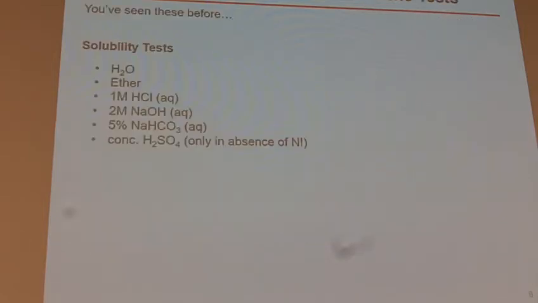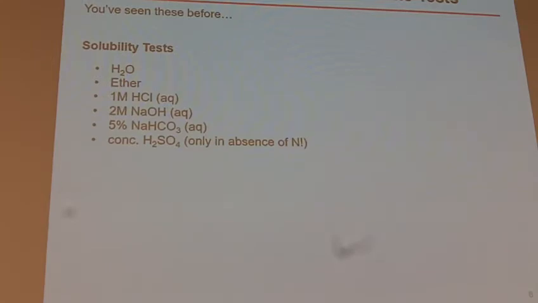All right. So here are our solubility tests from experiment 6. So you're going to use the table from experiment 6. Still follow that table. You test for water, ether, 1 molar sulfuric, 1 molar hydrochloric, 2 molar sodium hydroxide. The 5% sodium bicarbonate comes into play for a few functional groups, not all of them.